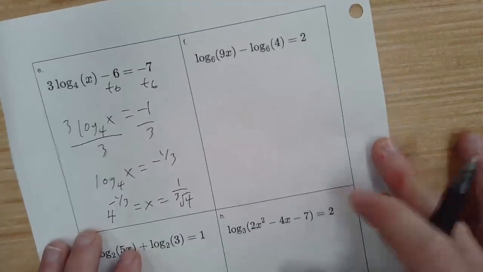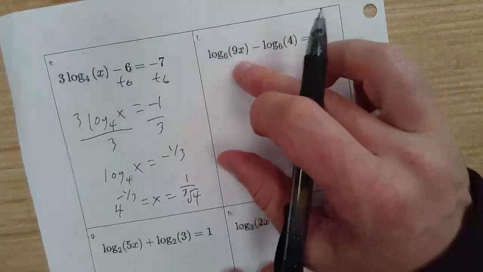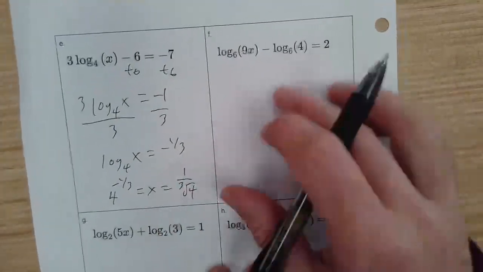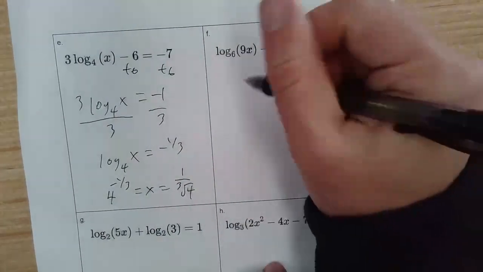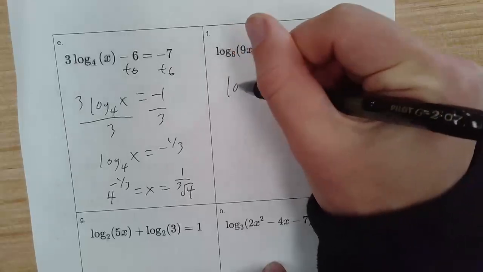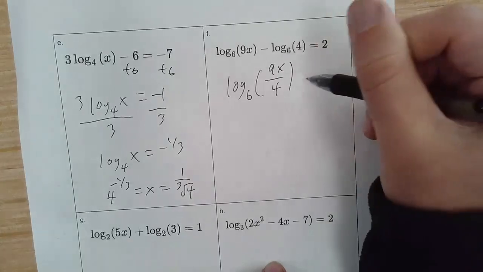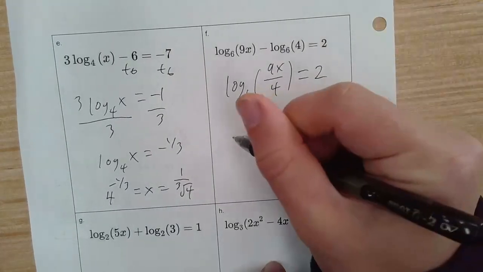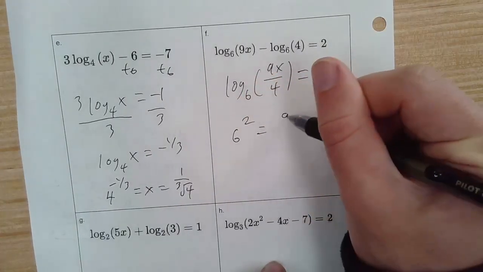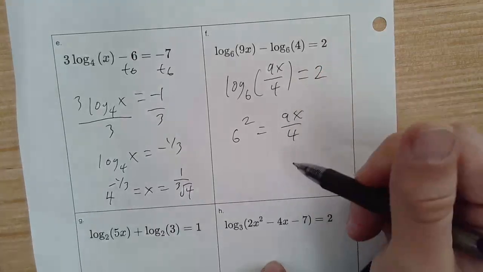Okay? Here, when we have addition and subtraction with logs, we want to combine them. So we're going to combine the log base 6 of 9x and the log base 6 of 4 to be log base 6 of 9x over 4. That's using the quotient property. And then we can write 6 squared equals 9x over 4, and we're going to solve.